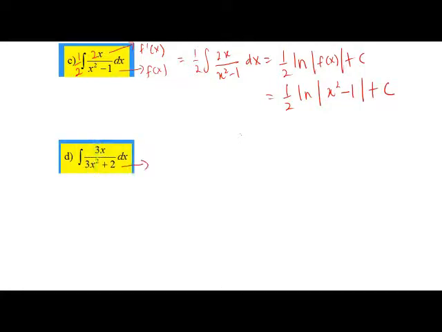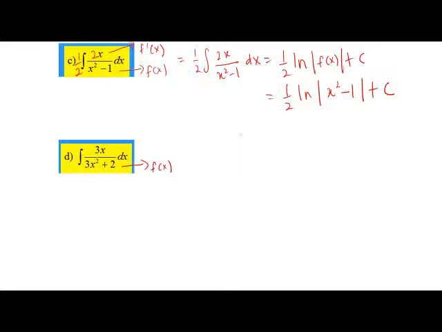Next, for part D here, I will give you an idea where on the denominator side here, 3x squared plus 2, you have to let it be your f x. And when you differentiate this f x, 3x squared plus 2 with respect to x, you're going to have 6x. But here it is 3x.